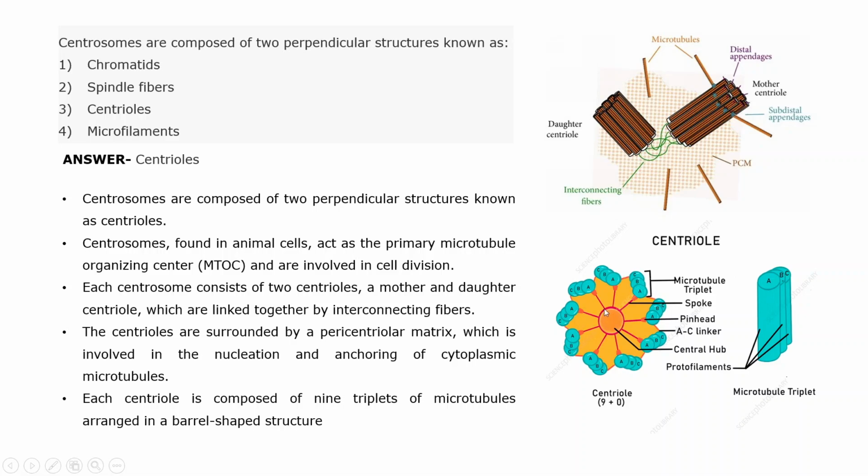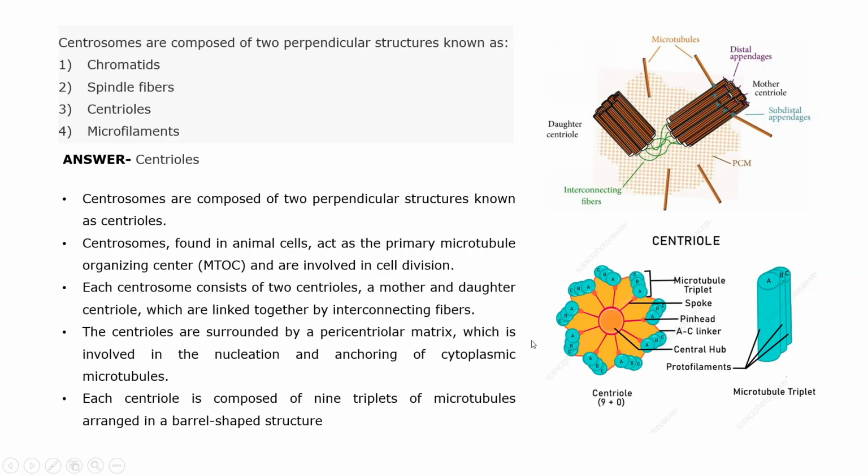There is a central hub and there are also spokes. The spoke protein attaches the central hub to the microtubule triplet, and each microtubule triplet is attached to the next by an A-C linker. Each microtubule triplet is called a protofilament.